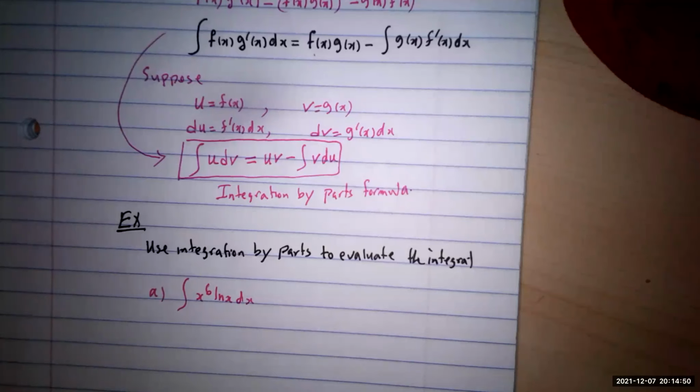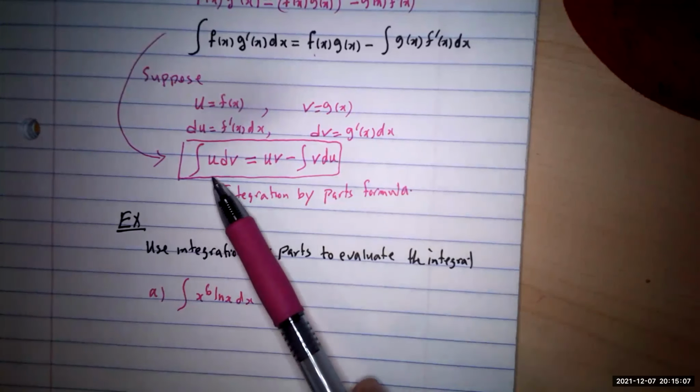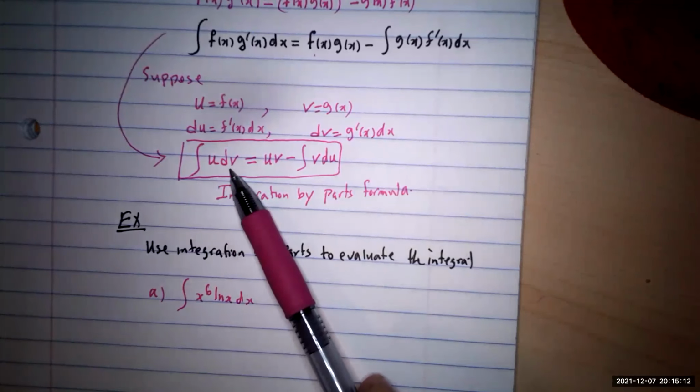Nothing complicated. In general, it's good for the trigonometric function, but you don't have the trigonometric function here. Now let's see how we're going to do it. Compare these two together. You have to take one part of this integral as u, and the other part, the leftover, would be dv.